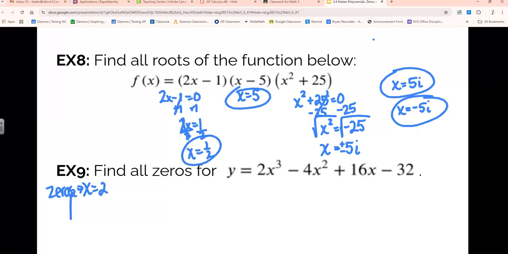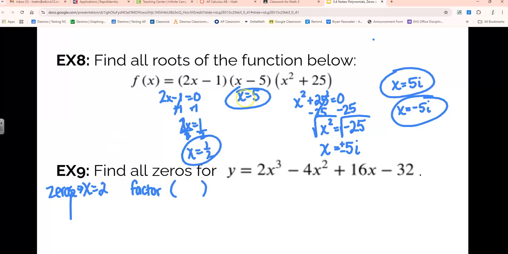So what I've got to do is factor this back out so that I can solve this. And the only way we really know to factor when you have something like x to the third power is to do some long division. If x equals 2 is my 0, what's the factor that goes with it?